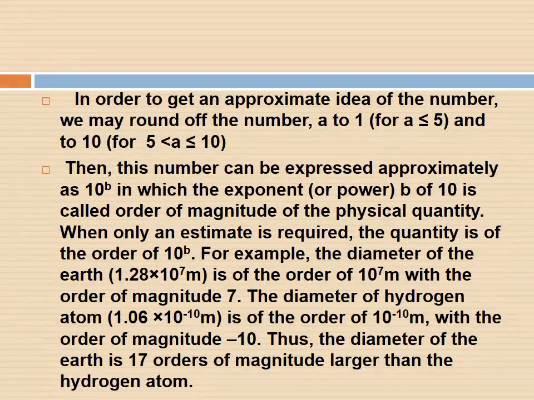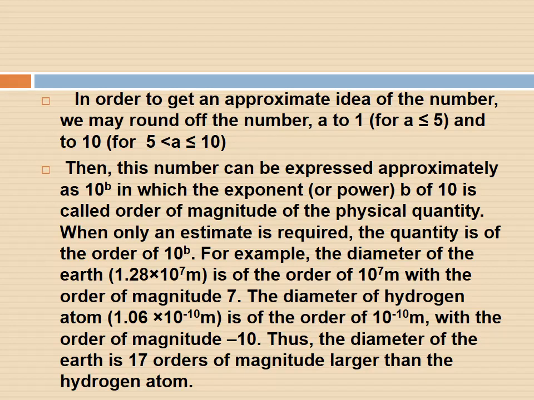In order to get an approximate idea of a number, we may round off the number in such a way that a can be converted into 1 by the condition a less than or equal to 5, or a can be converted into 10 by the condition 5 less than a less than or equal to 10. That is, in the second condition, a should be greater than 5 but less than or equal to 10.